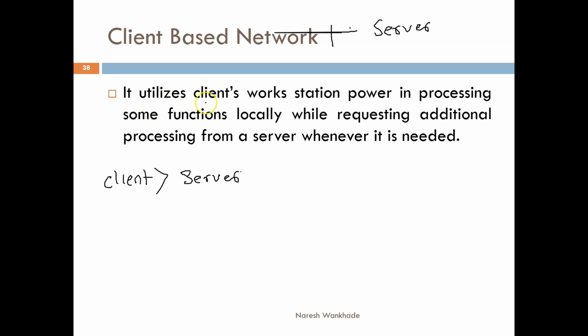In this type of client-based network, there is utilization of the client's workstation power in processing some functions locally, and whenever additional resources are needed in processing, these resources are received from the server.